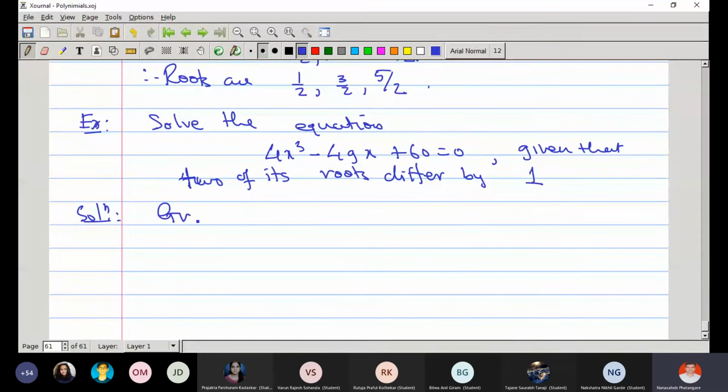So given f(x) is equal to 4x cube minus 49x plus 60. I can separate out the leading coefficient, so that x cube minus 49 by 4 x plus 60 by 4.